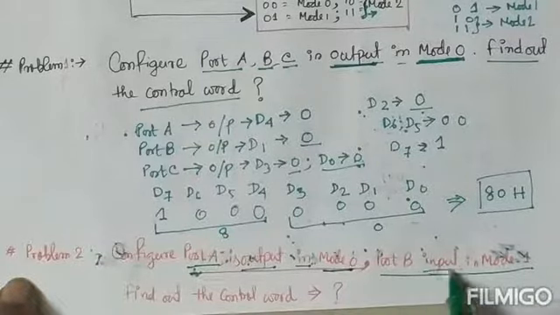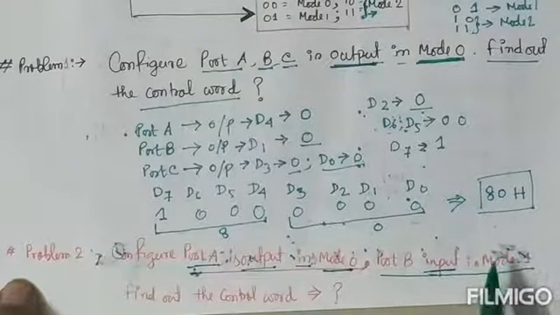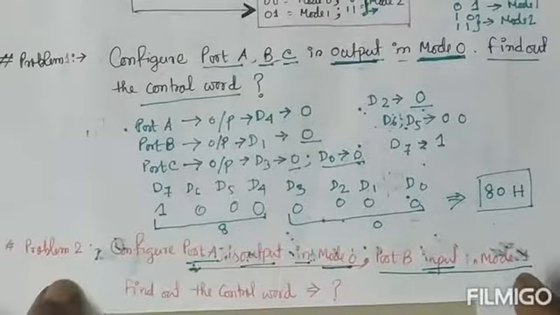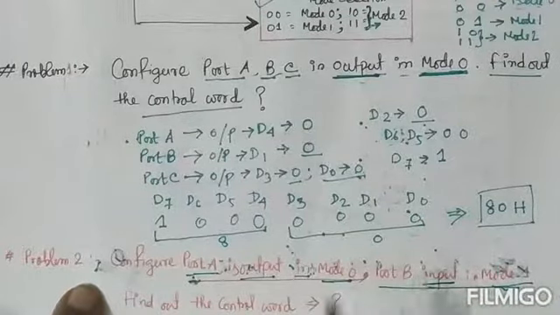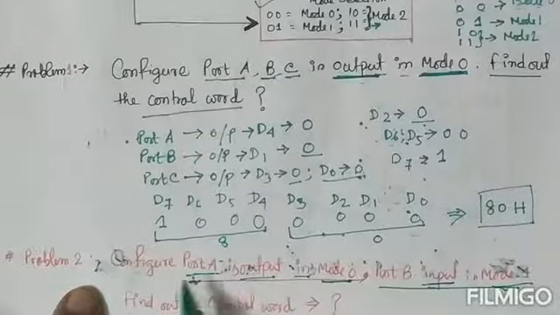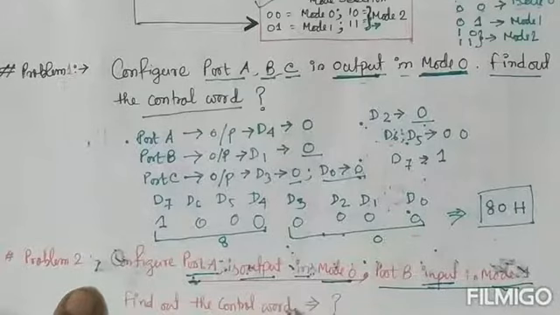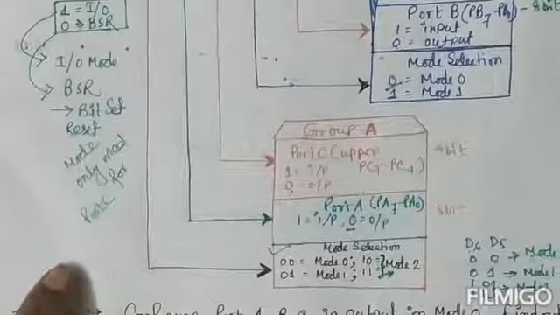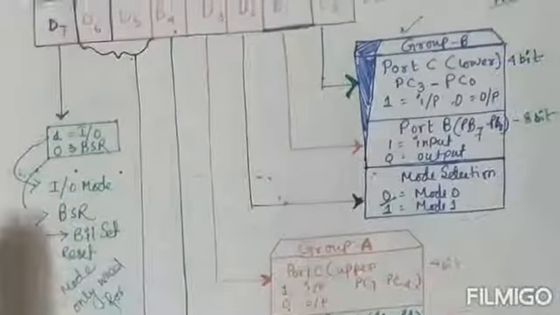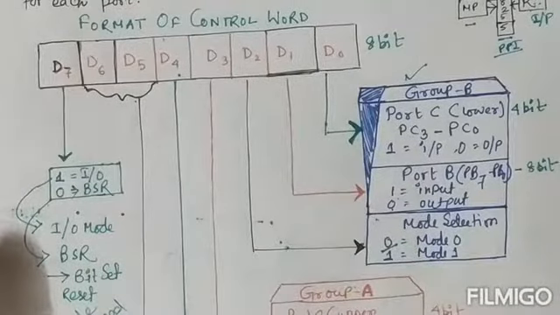Port B acts as input in mode 1 condition. Port B input in mode 1 condition. Port A is output in mode 0 condition. Find out the control word. By the above process, everyone try to solve this problem.